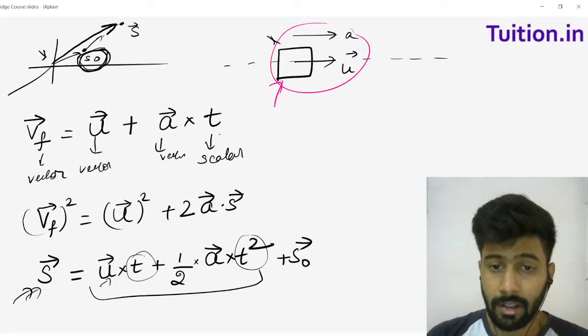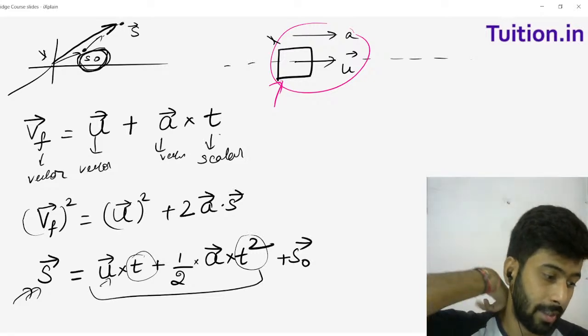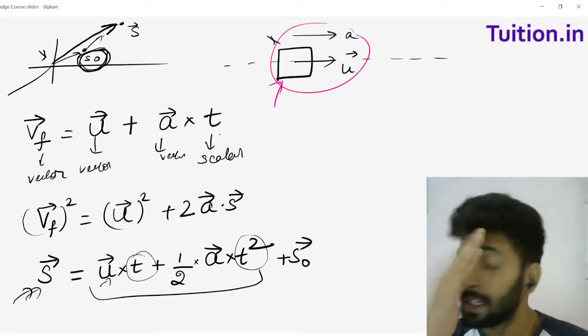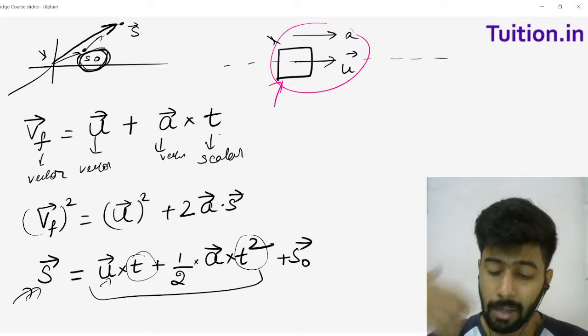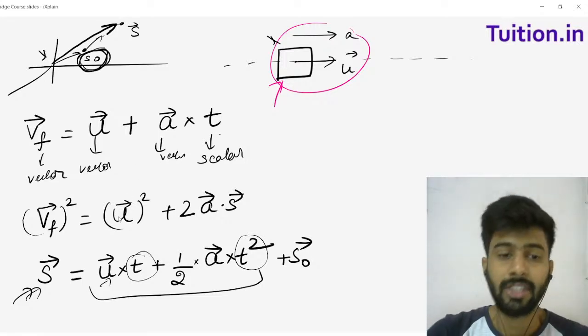I know, guys, it's getting a little confusing for some of you, because suddenly instead of using numbers I've started to use vectors, but as we solve some problems it will start making sense for you.